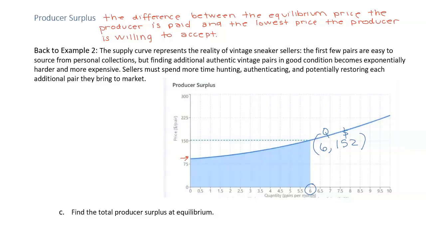Now, graphically, we have this blue shaded area under the curve. This is the amount that we are willing to sell. But we actually get this whole amount right here. So we get above and beyond what we're willing to sell the shoes for.